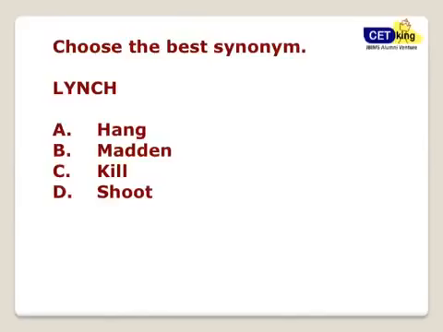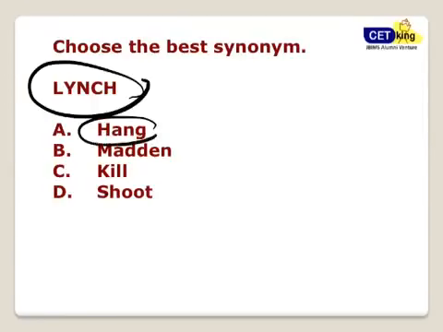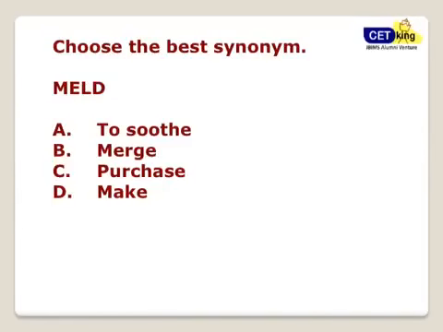Next word, lunge. If you don't know the meaning, don't guess it, because they are going to pick up those words where students like to guess. Lunge, if I don't know the meaning, it might be to jump forward, to hold something or hang on to something. So I would have marked hang. But lunge is to kill. So these are the common traps. Meld.